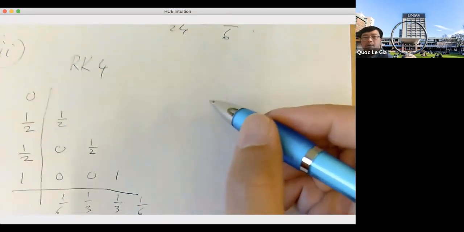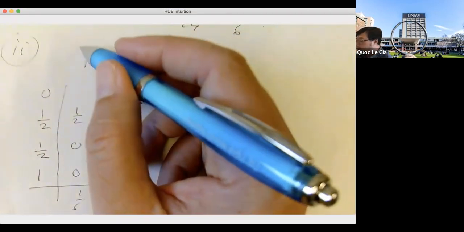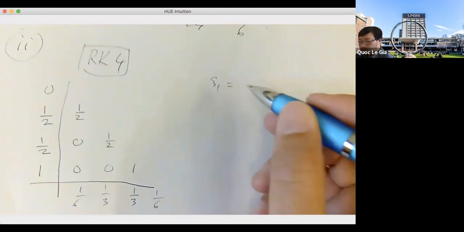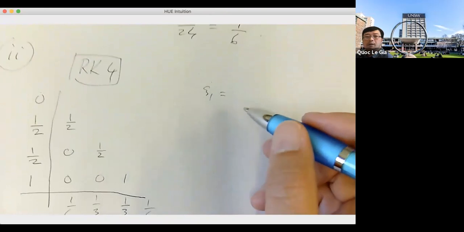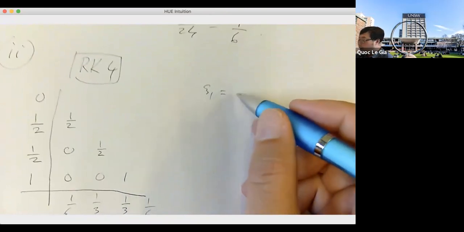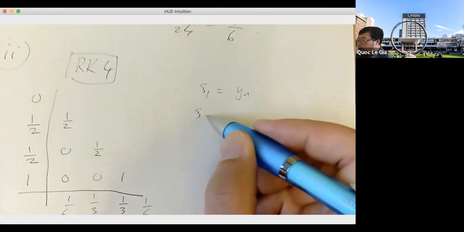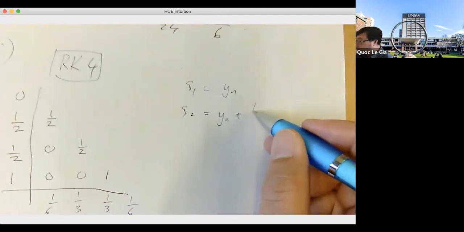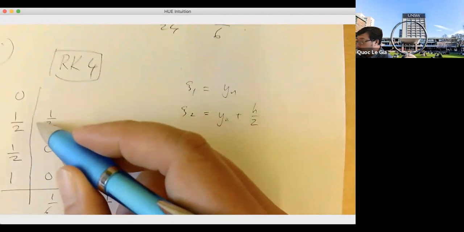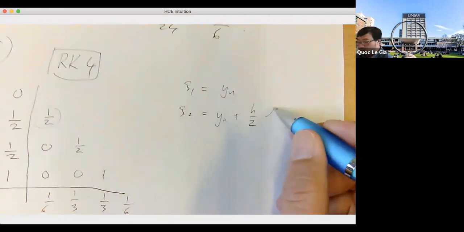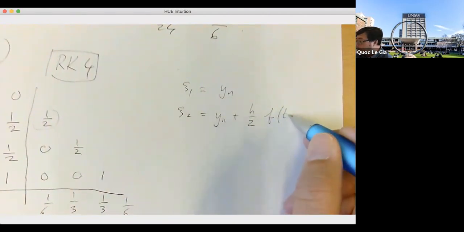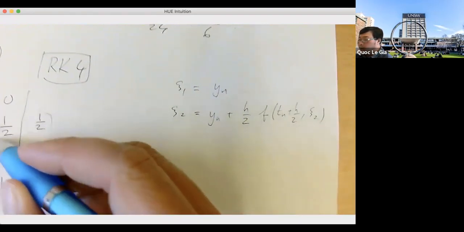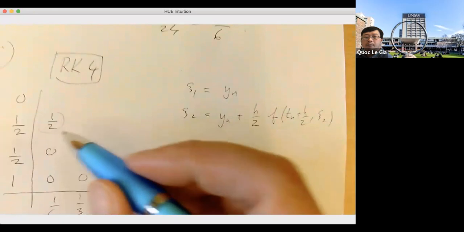And then, okay, we just write out xi1. So xi1 is yn, and xi2 is yn plus h over 2 f of Tn plus h over 2 xi2. So one half comes from here.